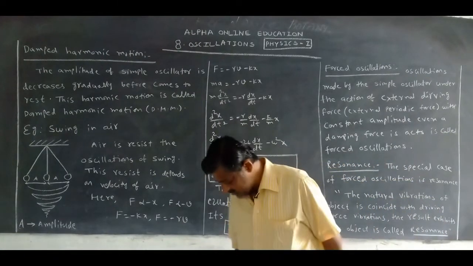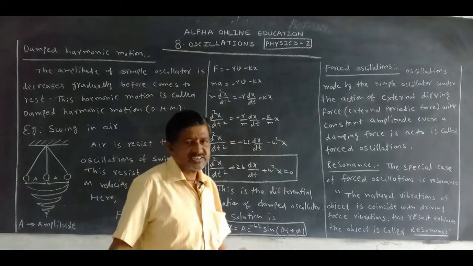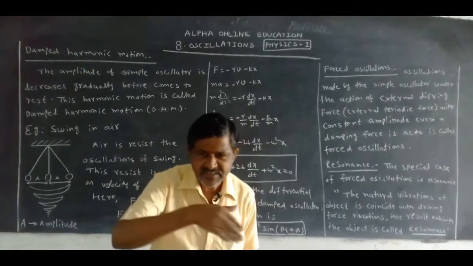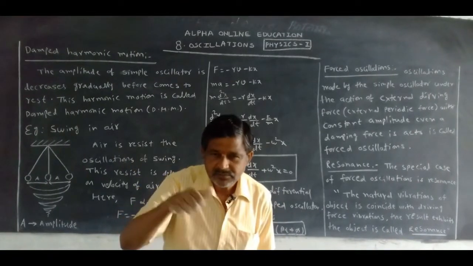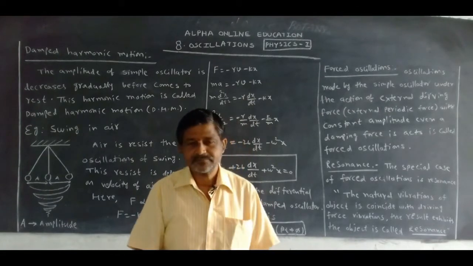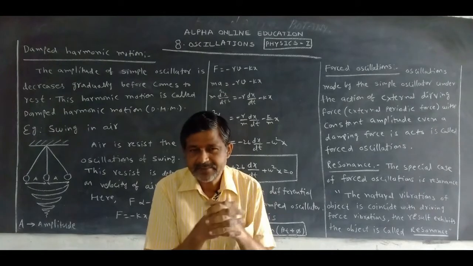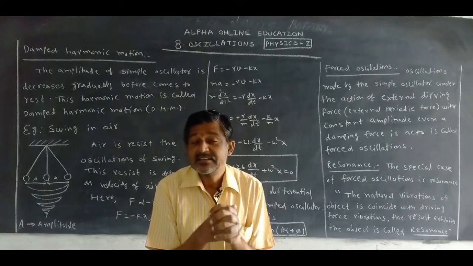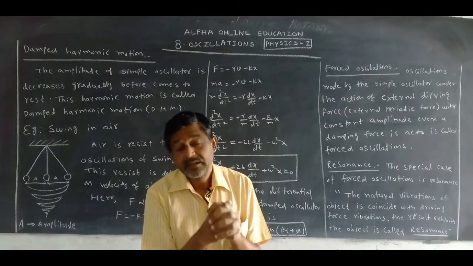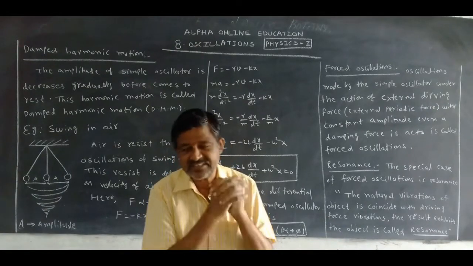This is the last topic in this chapter, forced oscillations. We know that the swing's amplitude gradually decreases and it comes to rest, which means the swing in air is facing a damping force by the air, so its amplitude decreases.